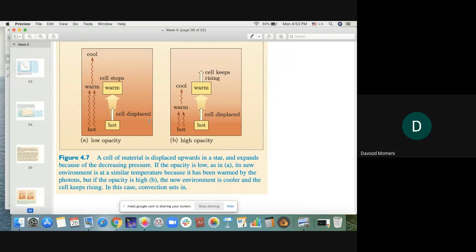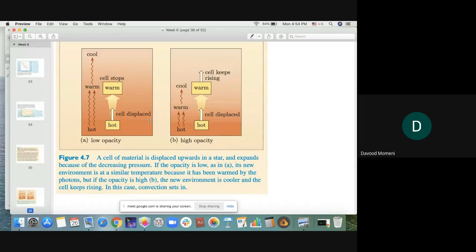For dark regimes, or dark stars, when they have a high opacity and it becomes hot, the hot will be warm again, and I want to tell you that the time in which the star will be cool will be shorter than the time in which a low opacity star will be cold.